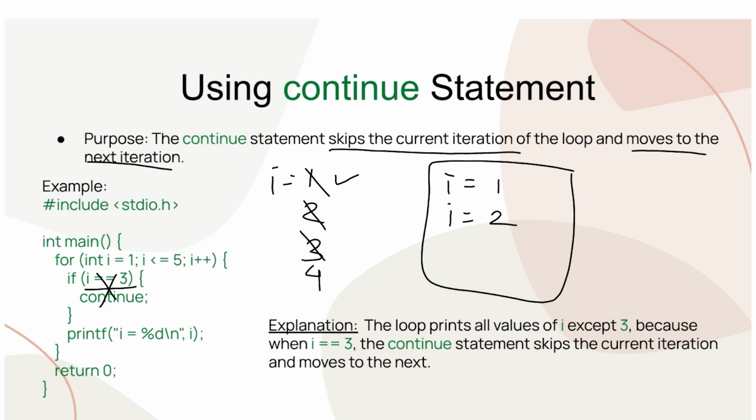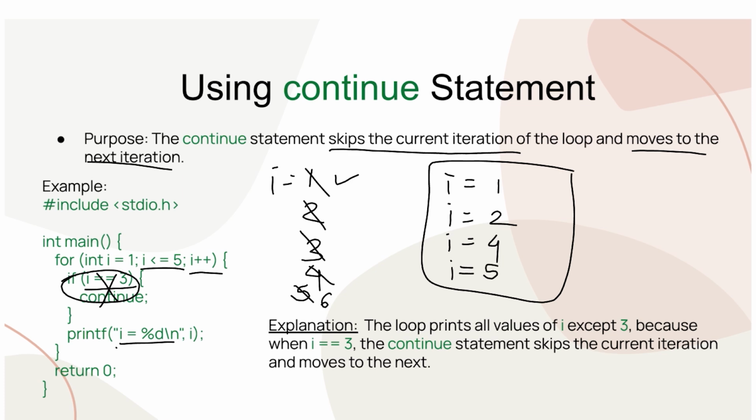Now in this case it is not true and it is going to print the value of I, which is I equals 4. Again increment the value of I, which is 5. 5 is again not satisfying this condition, so it executes the for block after the if statement, which is I equals 5 to be printed. Now the value of I is incremented to 6.